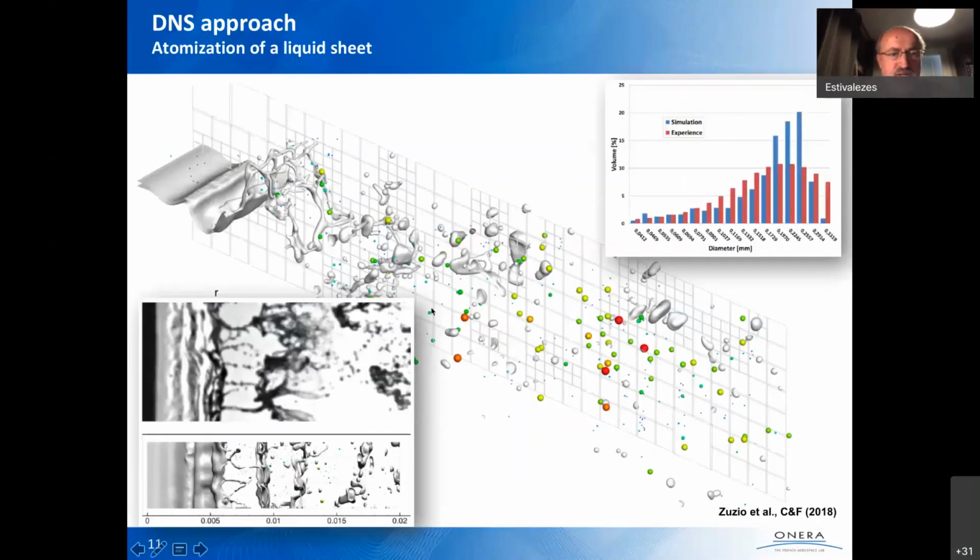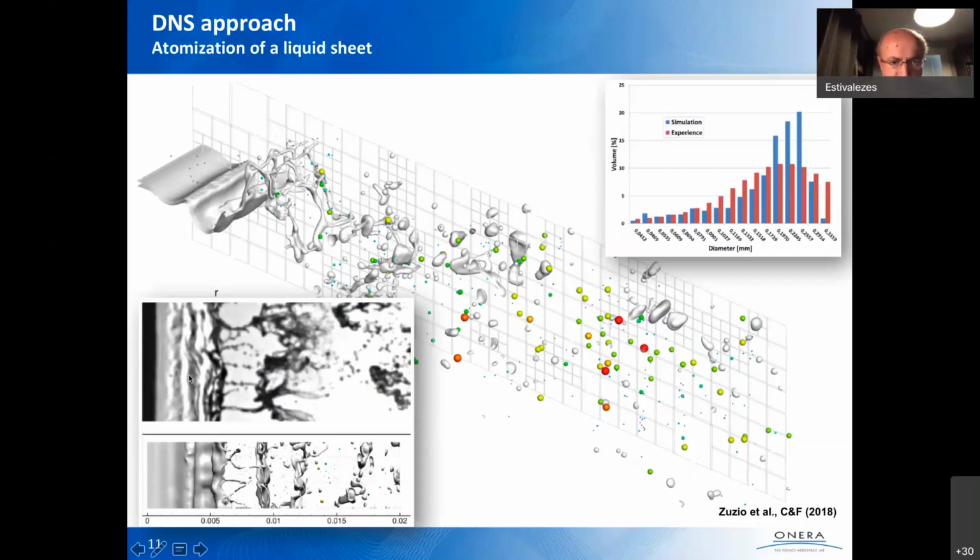Here you have an example of such a simulation. Here you have the experiment, a top view of the experiment. You have a 2D liquid sheet which is sheared by two co-flowing gas flows. The velocity of the liquid is 2 meters per second, and the gas flow is around 50 to 70 meters per second.